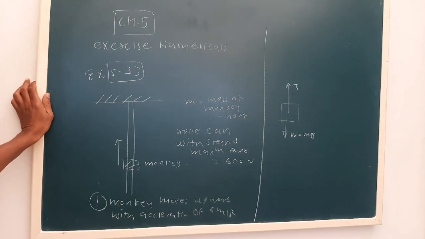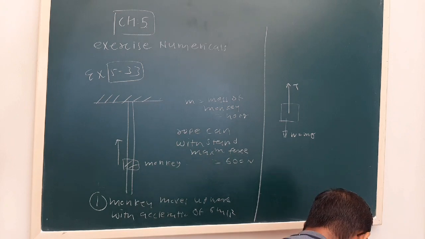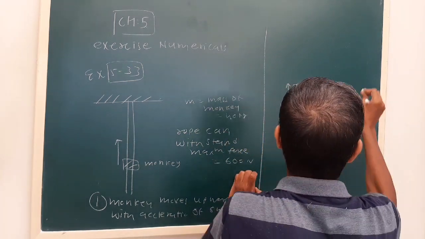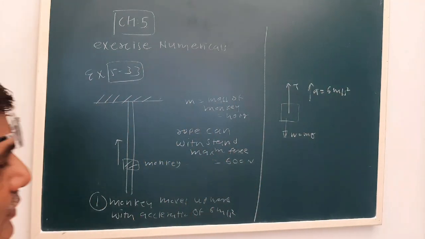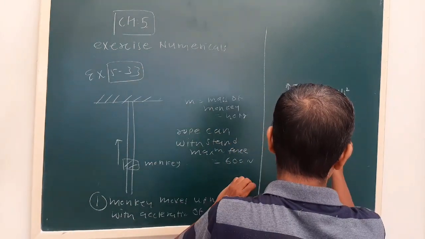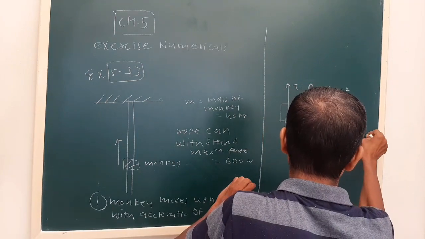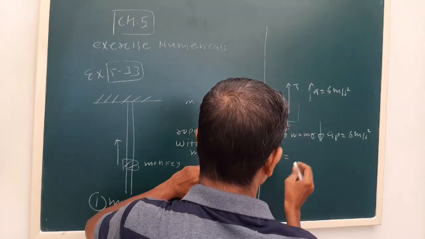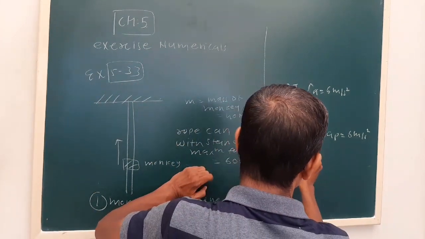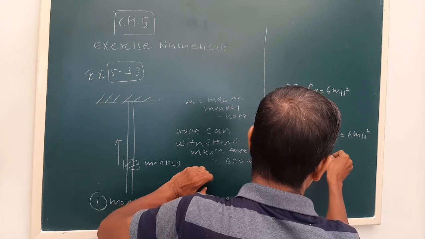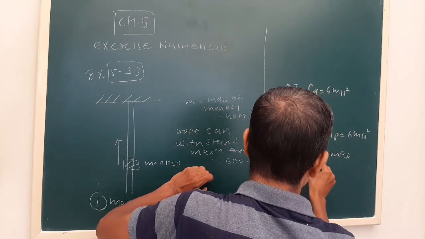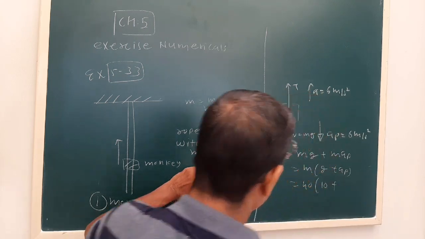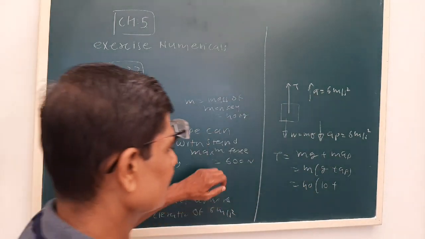The monkey moves upward with acceleration, so this is the case of a pseudo acceleration, AP. So the tension T is mg plus m into AP, m into g plus AP. Mass is given 40, g we can take as 10 for easy calculation, AP is 6.